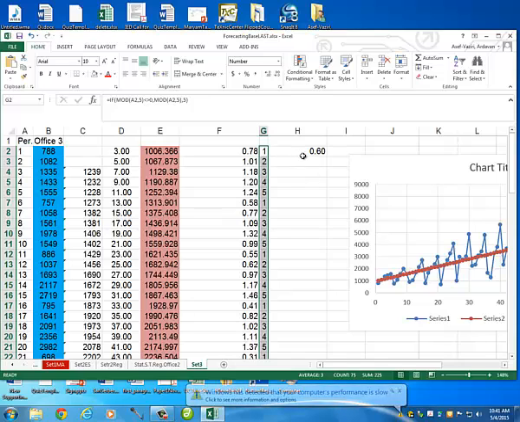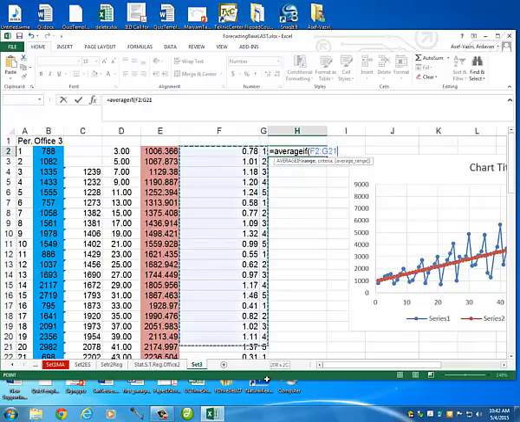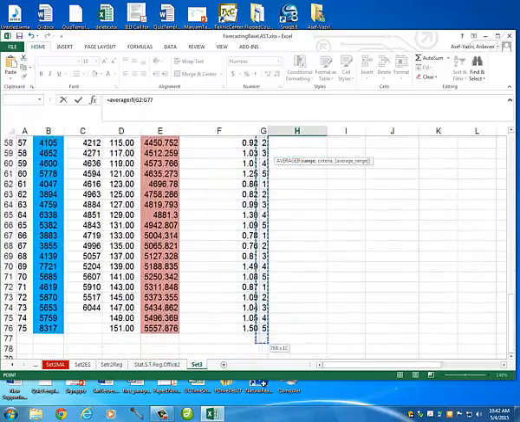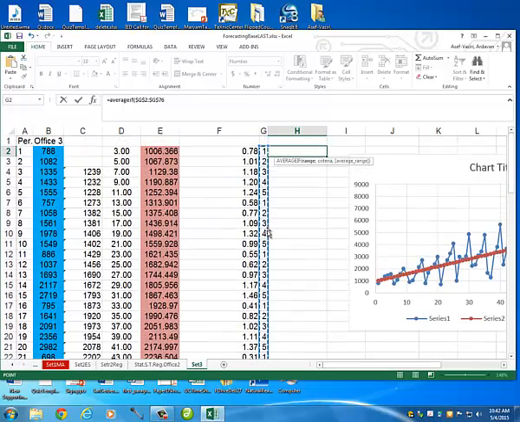Then I go here and I type equal to AVERAGEIF. AVERAGEIF. What is the range you are talking about? I'm talking about this range, 1, 2, 3, 4, 5, repeating, and lock it, comma, what criteria do you want?